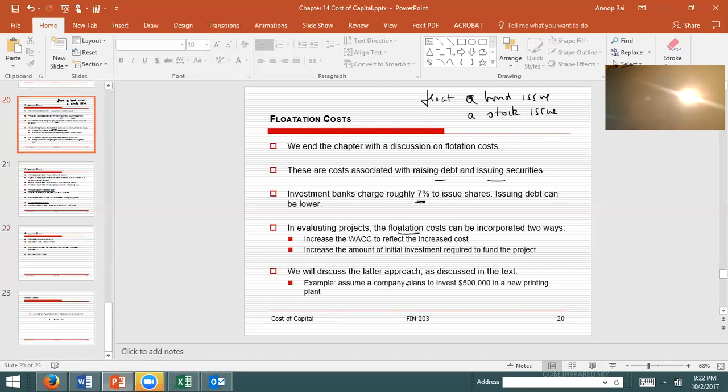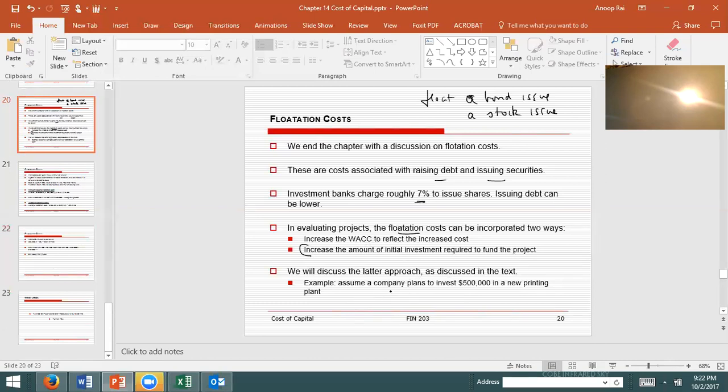So in this book, we only discuss this method to include flotation cost, okay? So we'll just do that. And then we won't discuss how to increase the weighted average cost of capital.